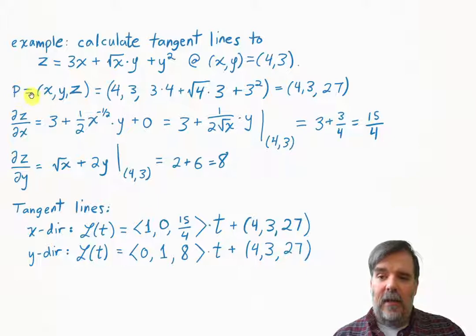The point P, which is equal to x, y, z, we need the value of x, the value of y, and then the value of z. We'll substitute these values 4 and 3 in for x and y. When we calculate that, we're going to get 12 plus 6 plus 9, and so that should give us 27.